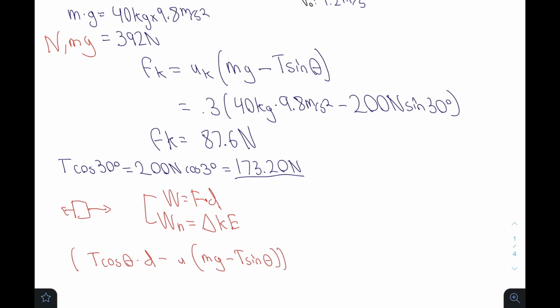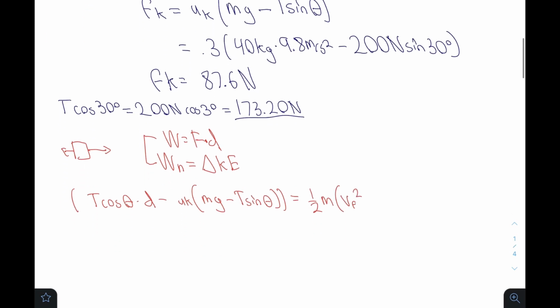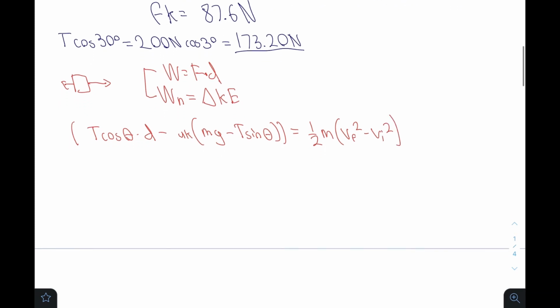And then we're going to set that equal to the change in kinetic energy, 1/2 m, v final squared minus v initial squared. Now we have every value in this equation except for v final, which is what we're going to isolate. And that we'll just do with algebra.